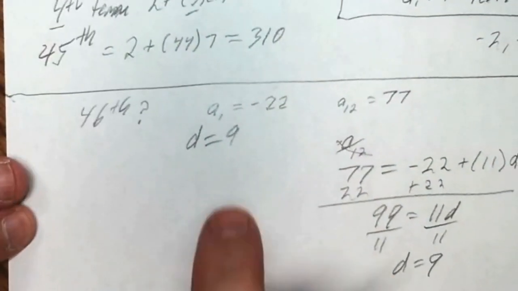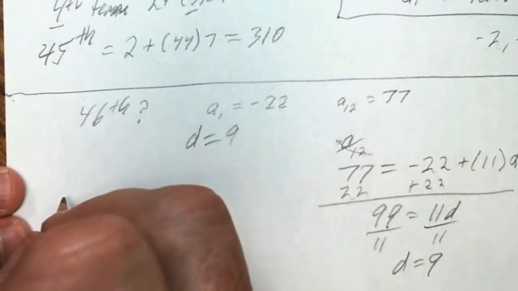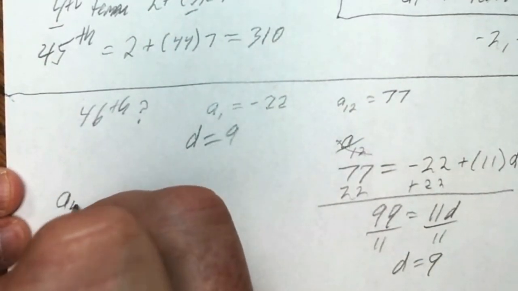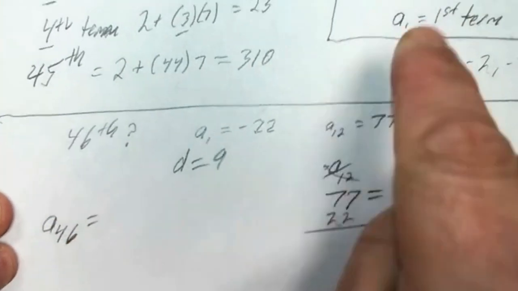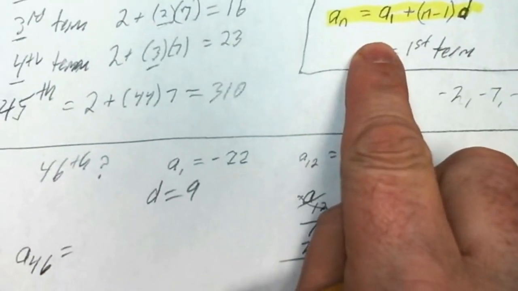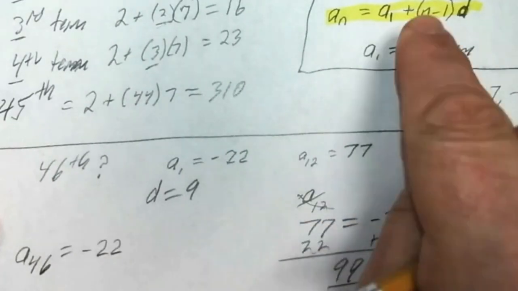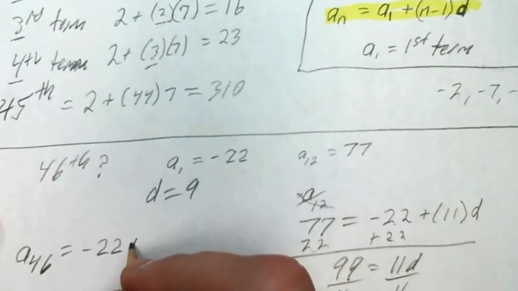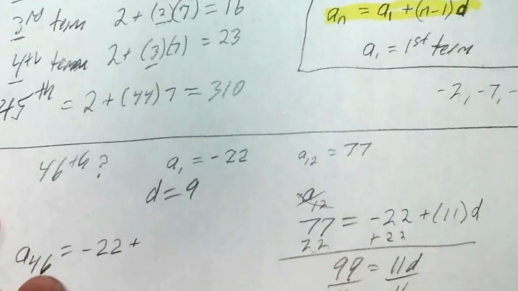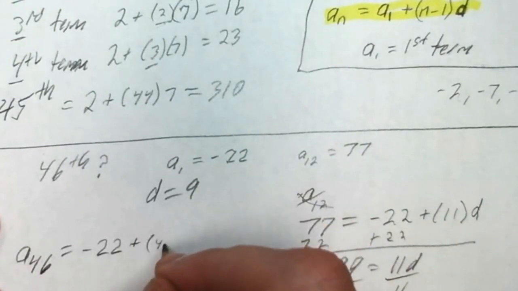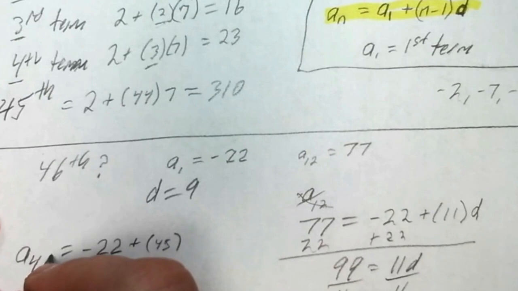So now that we know the common difference, to find the 46th term, a 46, we can again use our explicit formula. The first term plus n minus 1. N is 46. So we can do that math pretty easy.